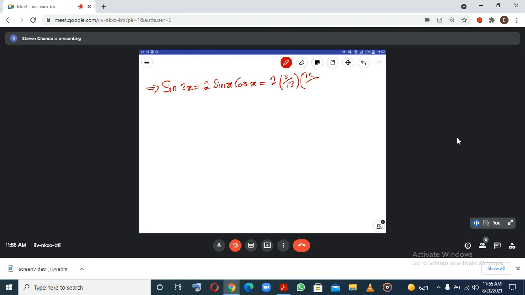Can someone help me with the calculations? On top it's going to be 60, it's going to be 120, right, over what? That's 169, right?